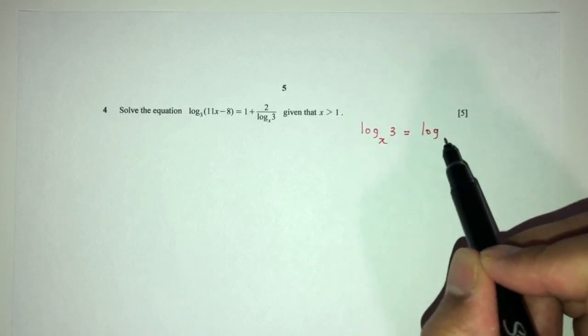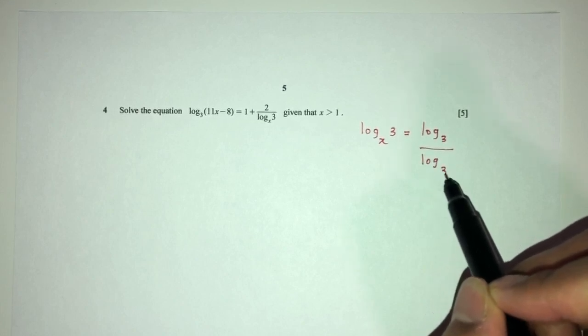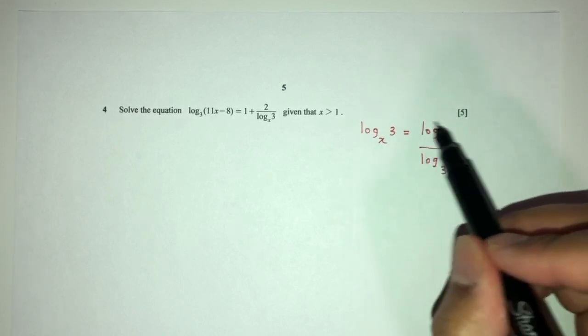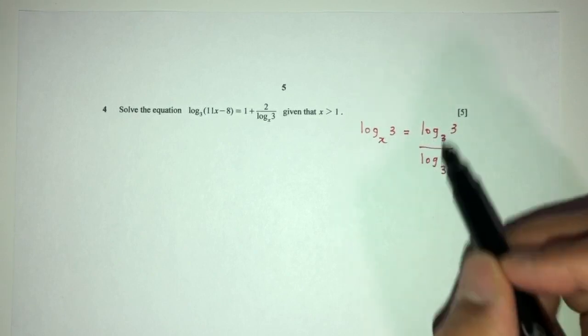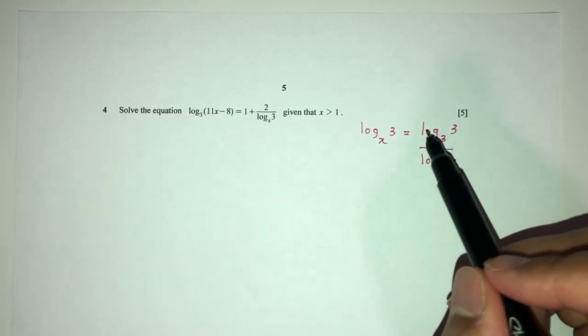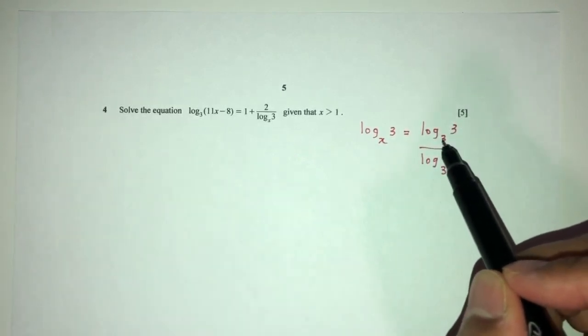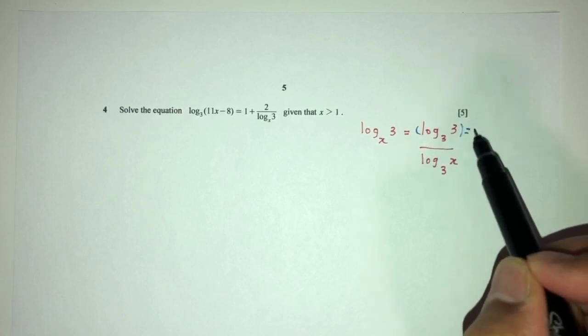We have to write log to the base of 3 and log to the base of 3. That's step number 1. So here we have 3, we write 3 here. Here we have x, we write x here. So this is how you break it down to change the base of the logs. Now when you have log of a base with the same value, this will become 1.